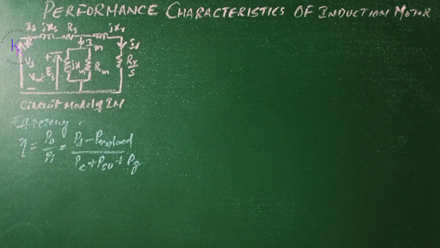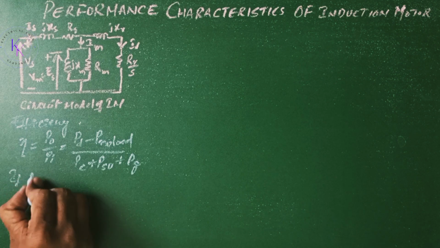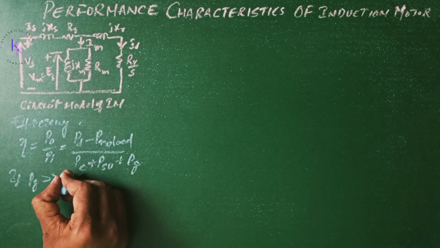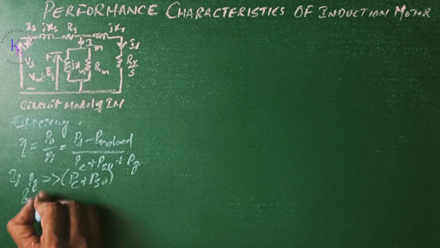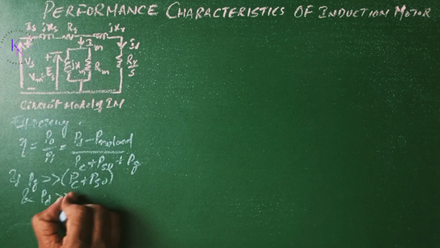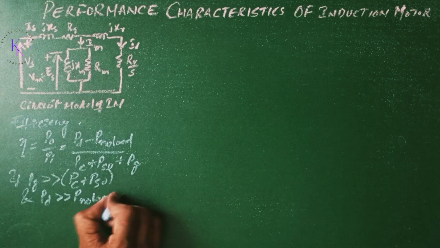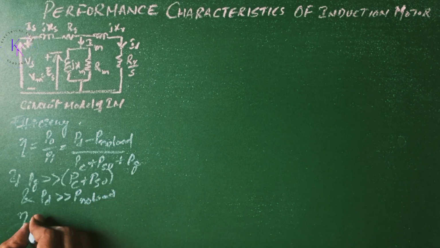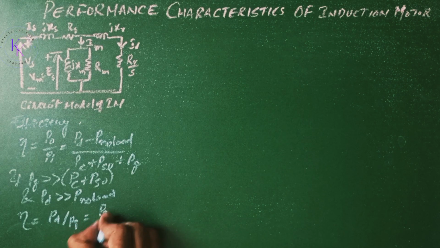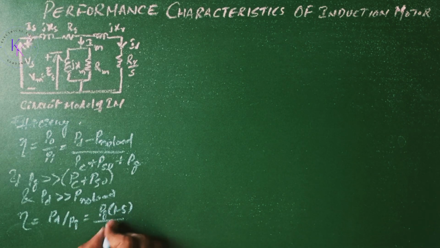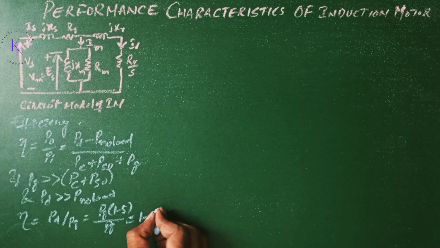Now we have the equation for the efficiency. If PG in the denominator is much greater than PC plus PSU, and PD is greater than P at no load, then the efficiency is given by PD by PG, that equals PG of 1 minus S divided by PG, that equals 1 minus S.